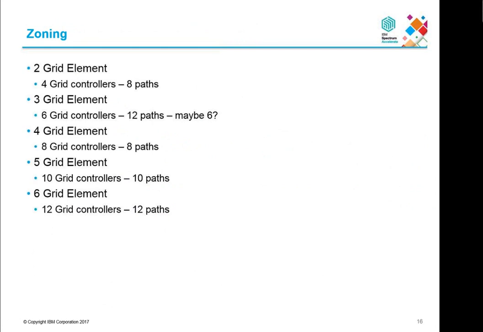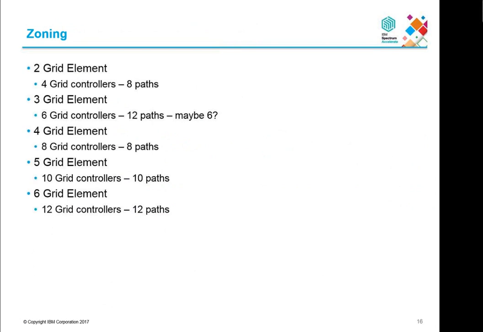If they're going to grow, especially if they're in a VMware environment where we can have an issue with number of volumes and number of paths on a per cluster basis, then maybe doing 6 is the right thing to do. Again, I would do half and half so that every host sees every grid controller. They just only see half the paths, not all the paths to the grid controller.